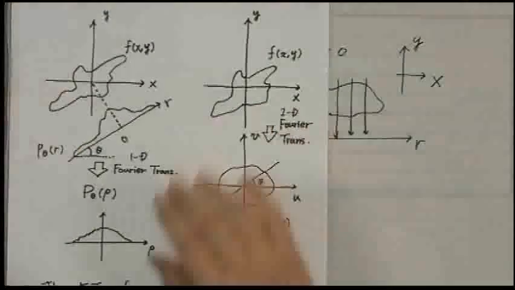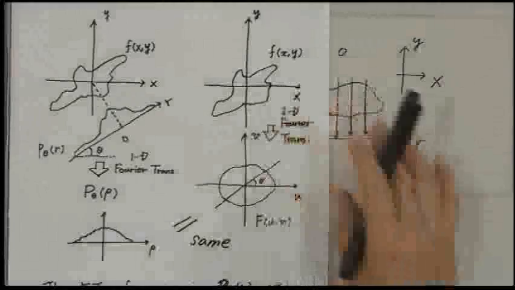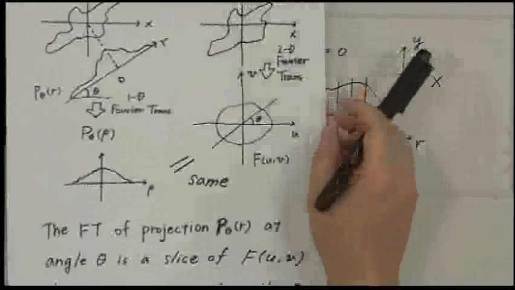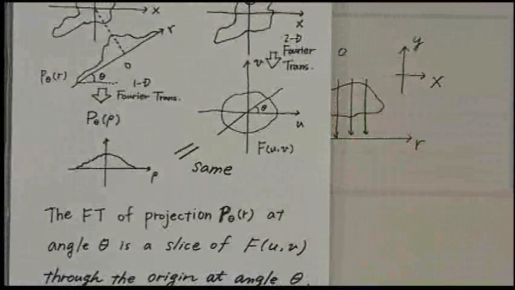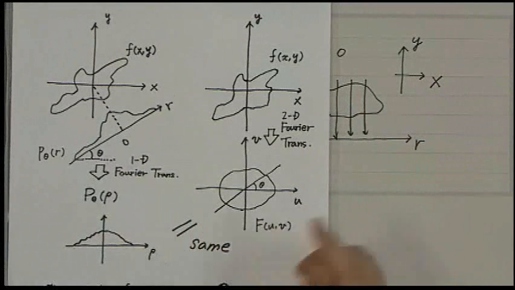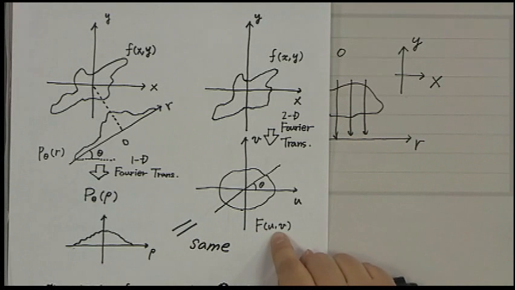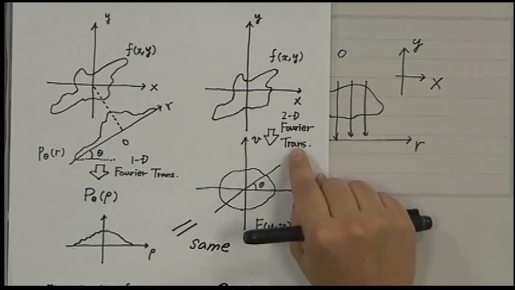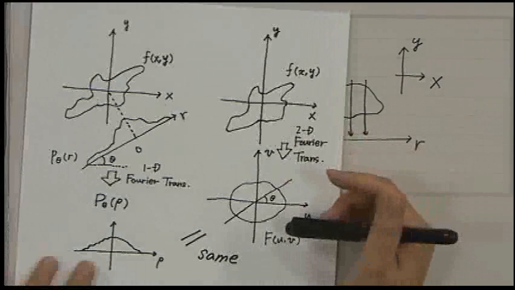And let's go back to the original part. Okay, why is the Fourier slice theorem so important? We already learned, okay, if we use this theorem, we can plot F(u,v). And if we take the inverse Fourier transform, we can reconstruct the original image, f(x,y). That's very nice, beautiful.